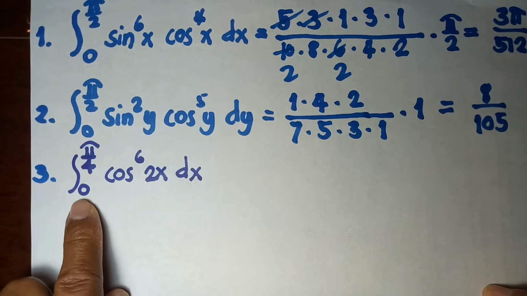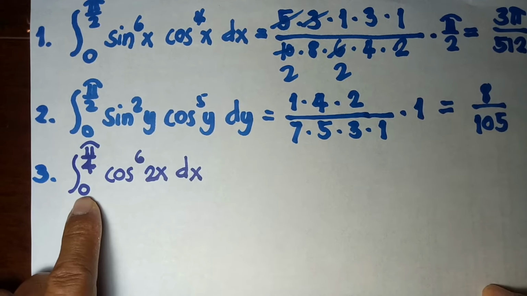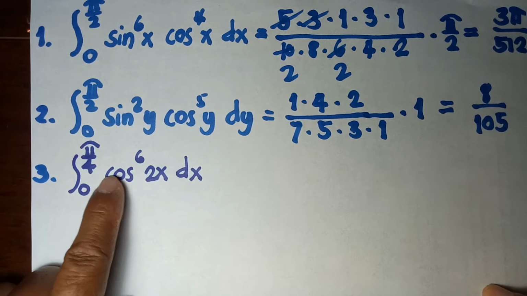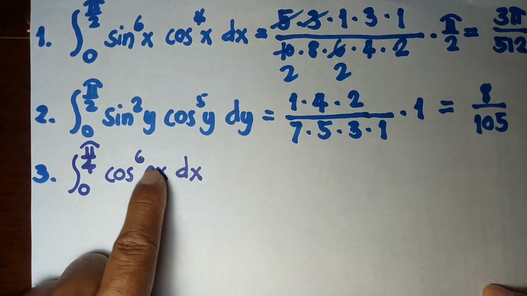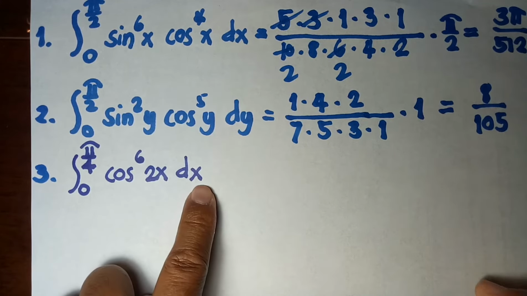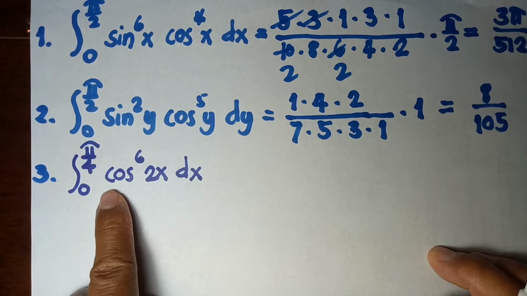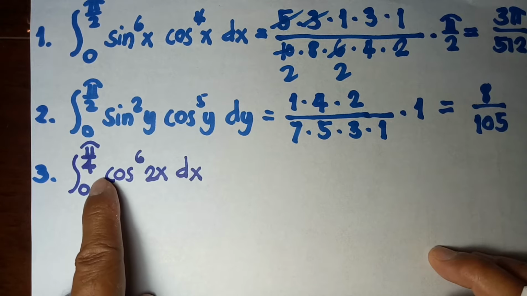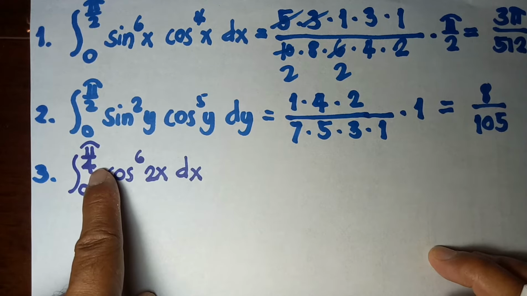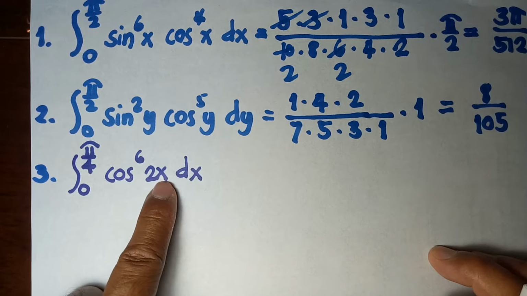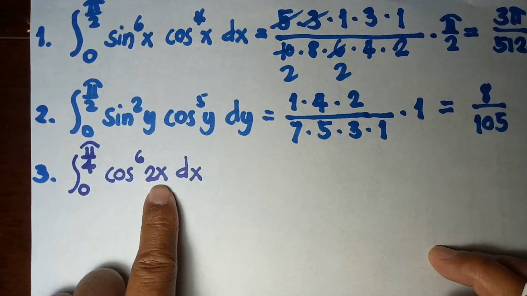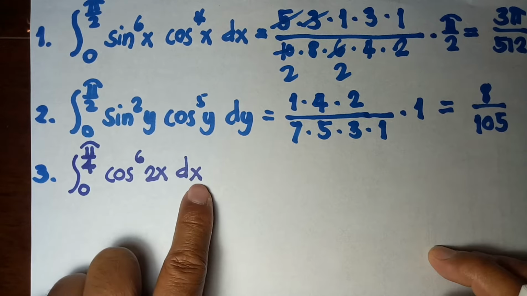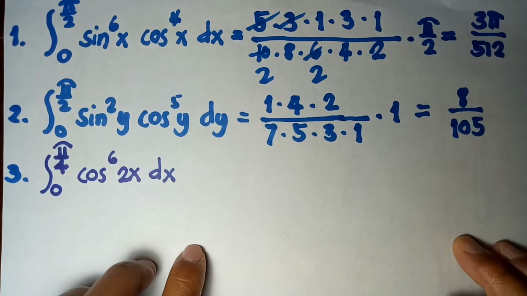Next, example number 3. Integral from 0 to pi over 4 of cosine raised to 6 of 2x dx. So dito, hindi natin pwedeng gamitin kaagad ang Wallis formula dahil yung ating upper limit ay pi over 4 at ang ating angle ng cosine function ay 2x. So gagamit muna tayo ng substitution.